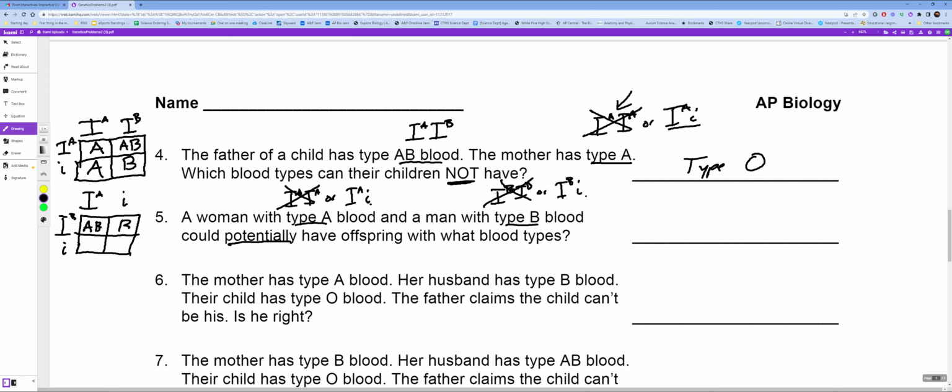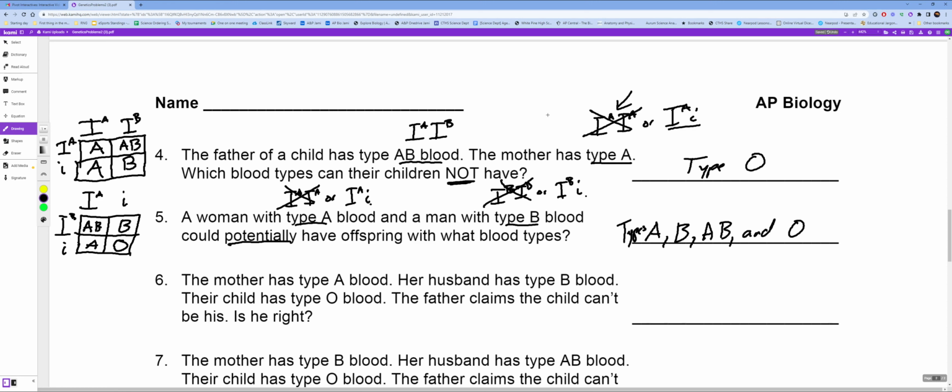B and i is going to give you B. A and i is going to give you A. And then finally, you'll get type O from little i. So the potential blood types is really all of them. They could have A, they could have B. I'll put types A, B, AB, and O.